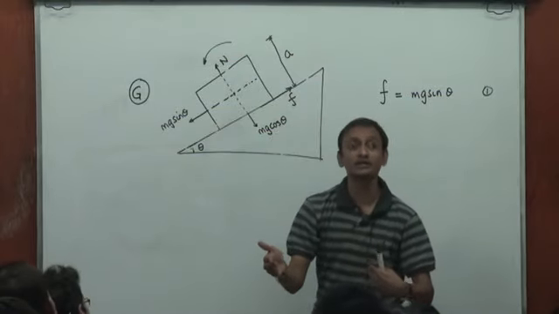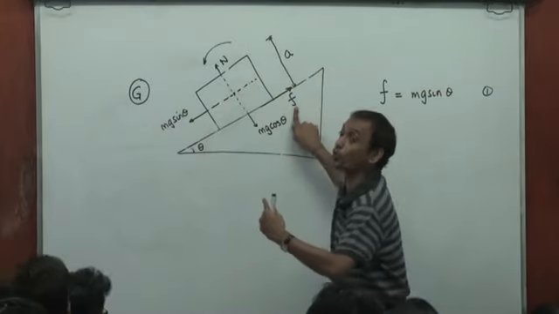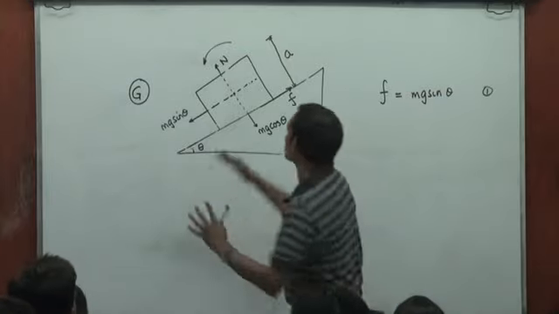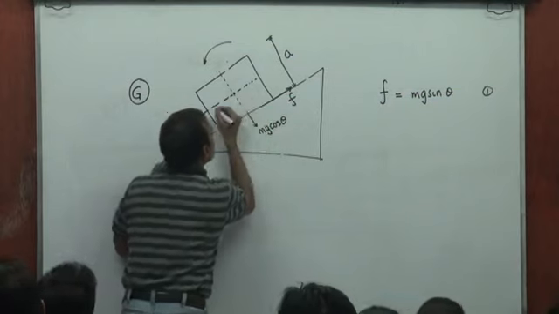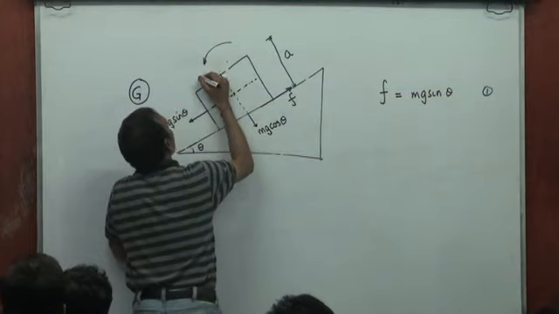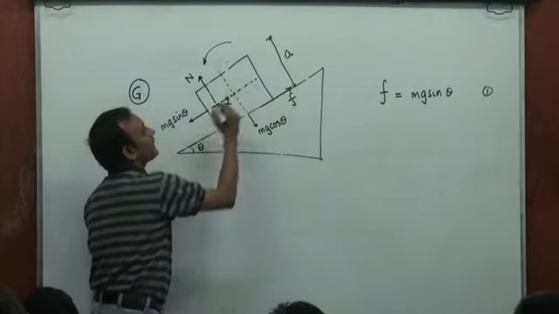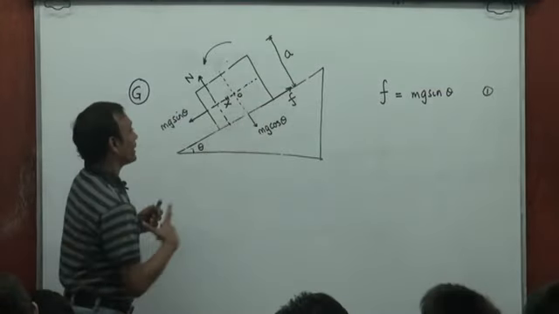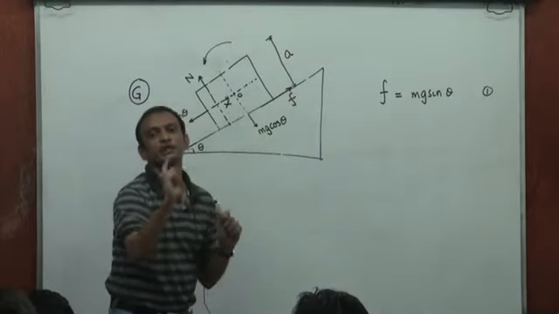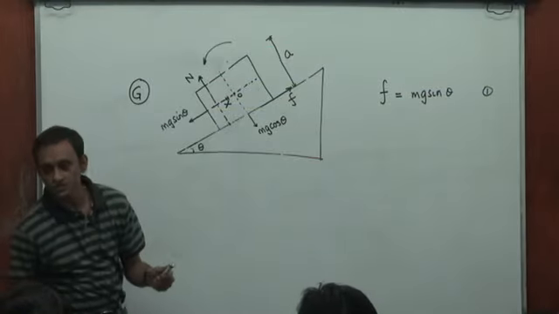It's time that I acted in a manner so that I could produce a clockwise torque to counter the anti-clockwise torque of f, thereby maintaining rotational equilibrium. And therefore, the line of action of N shifts leftwards, let's say by an amount x, so that the torque of N about O must be equal to torque of f about O, maintaining rotational equilibrium, and the body can actually slide down with a constant velocity.